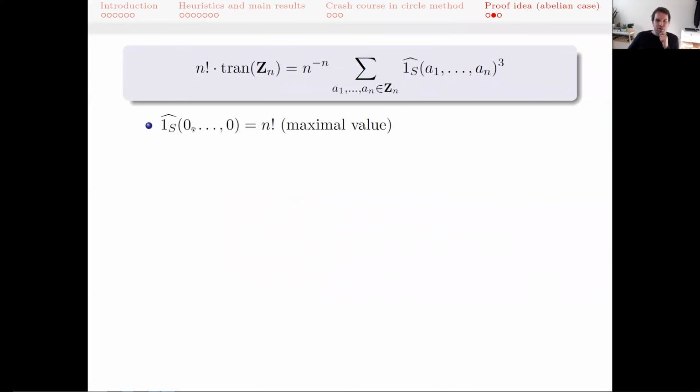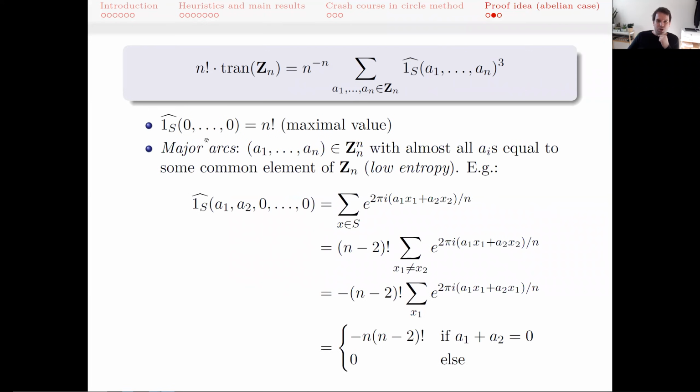And there are some n-tuples for which the Fourier coefficient is pretty large. So our major arcs, those n-tuples which give you large Fourier coefficients, would be those that have almost all of the coordinates equal to some common element.